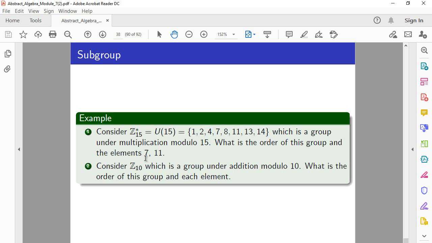So 7 squared would be 4 in this group, and 7 cubed is going to be 7 squared times 7, which would be 4 times 7 or 28, and modulo 15, that's going to be 13.